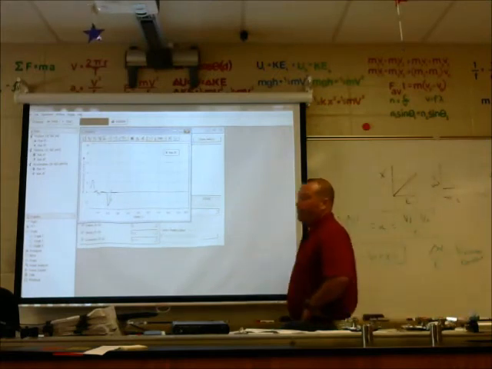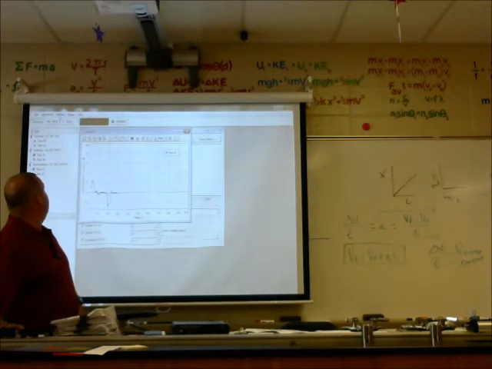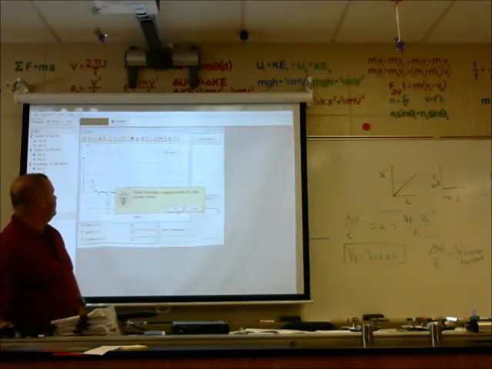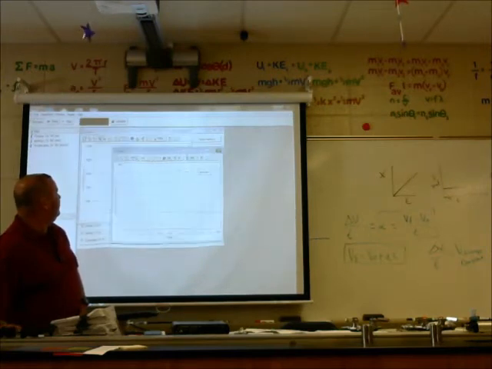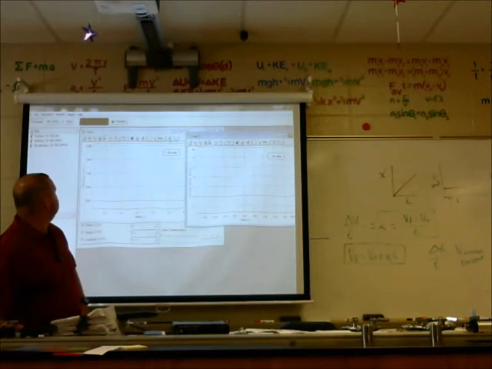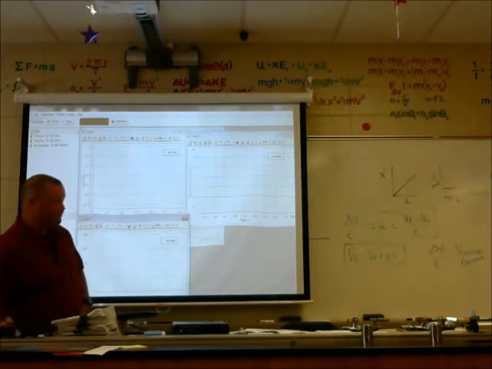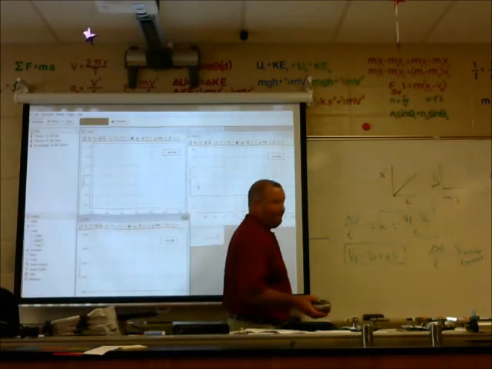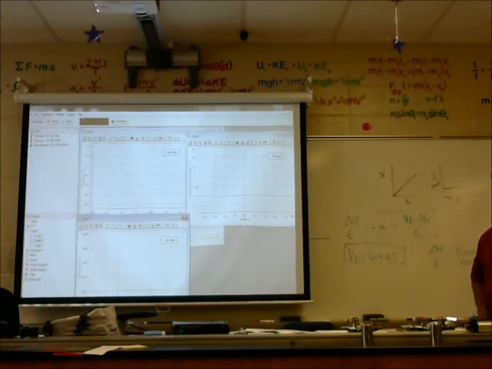And what would my position time graph then look like? Here I can look at all three of them real quick. What should my position graph look like here?